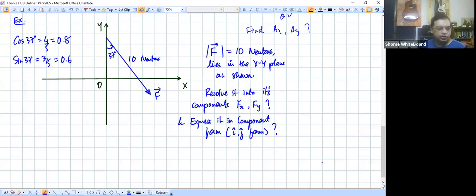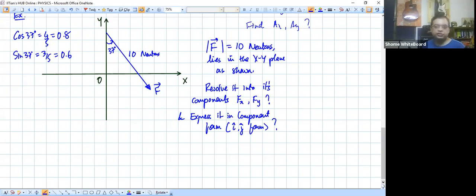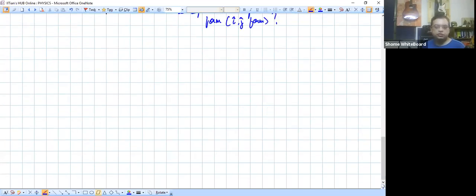We got it a bit reversed. Okay, the angle with the y-axis is 37 now. So see, in a case like this, in case of confusion, what you can always do is redraw your vector such that it starts from the origin. So let's look at it like this now.